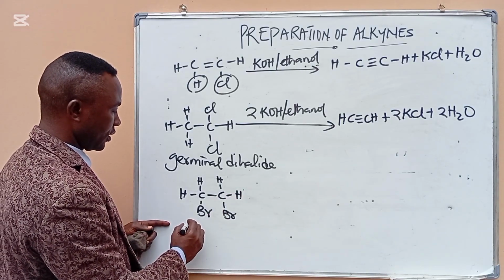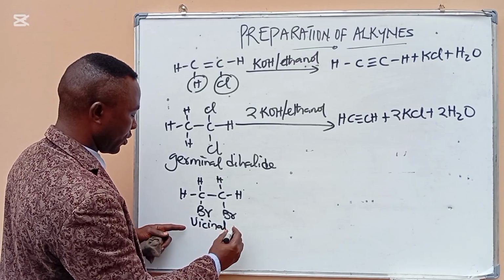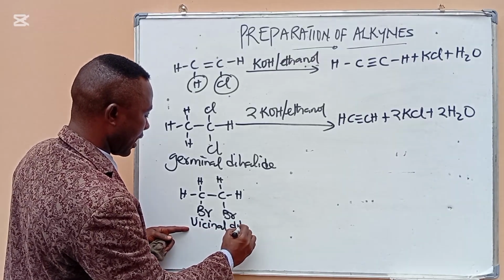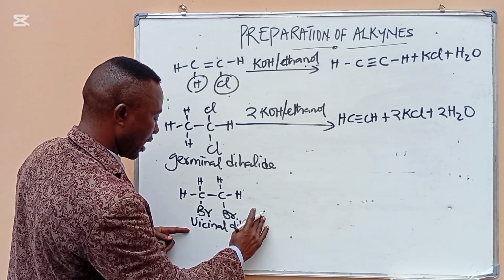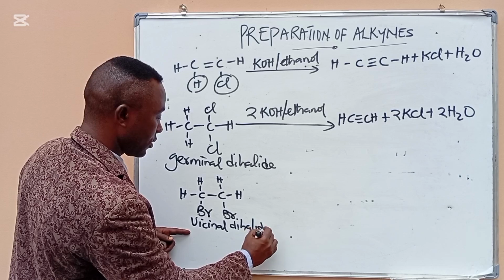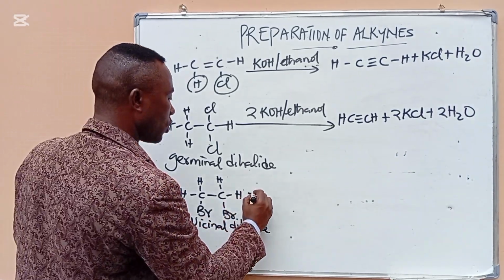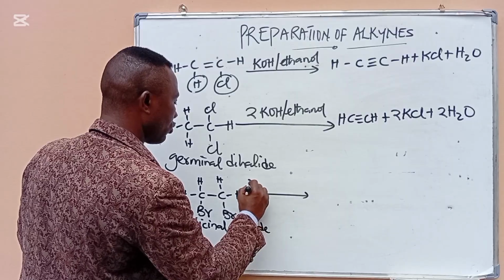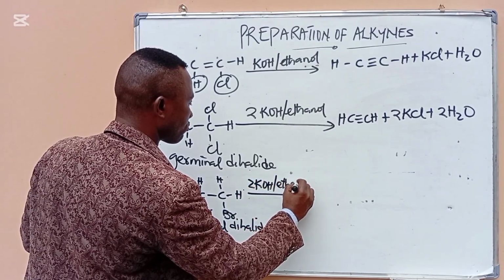This is a vicinal dihalide. I hope you can see the board. So we can use 2 KOH in ethanol.